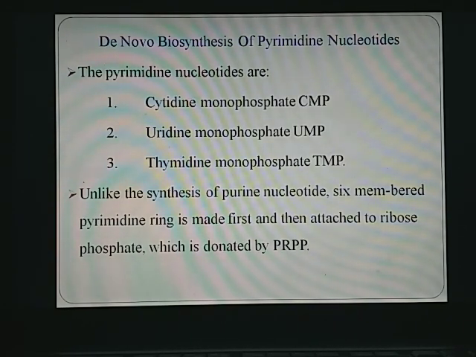The difference between the synthesis of purine and pyrimidine nucleotides is that in purine nucleotide synthesis, the purine ring is synthesized on ribose 5-phosphate, but in pyrimidine nucleotide synthesis, the pyrimidine ring is synthesized first, and then it is attached to ribose 5-phosphate, which is donated by phosphoribosyl pyrophosphate. This is the important point to be noted.